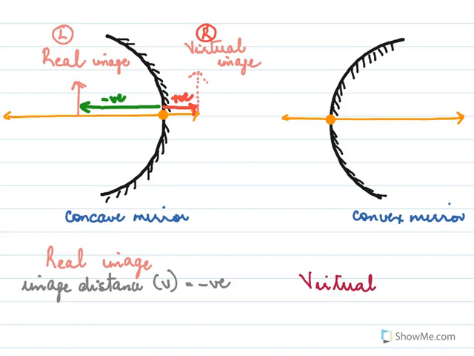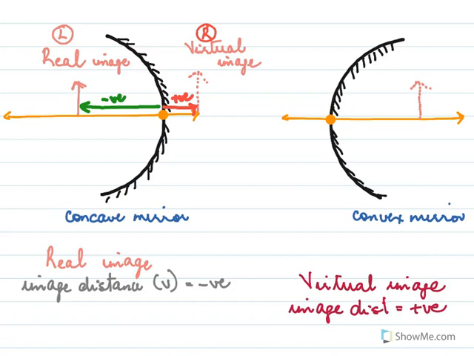So for virtual, the image distance is always positive. Even when we come to the next case, in convex mirror, the virtual image is always formed behind the mirror.